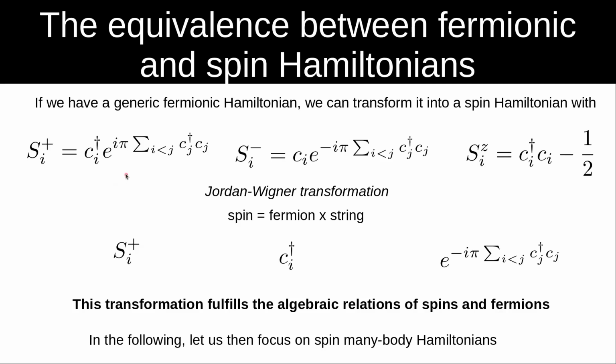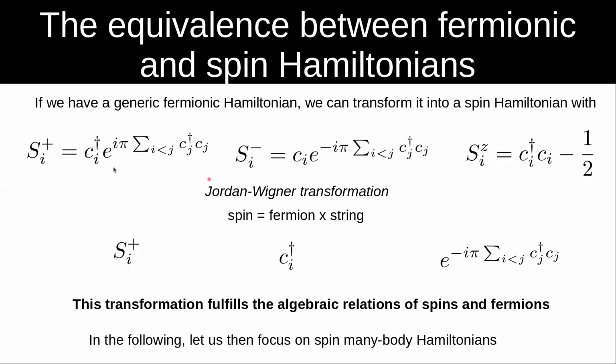So the basic idea is that you say that your spin operators, in particular the ladder operator that increases the spin, is the creation operator times some very specific phase that depends on the occupation number of the previous sites. For the other ladder operator, you say that it is the annihilation operator times this phase, and then for the Sz operator, essentially the number operator of the fermion minus 1/2.